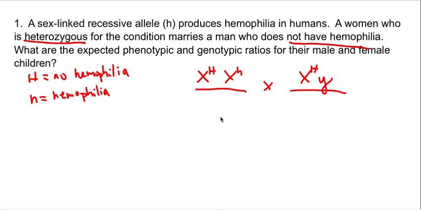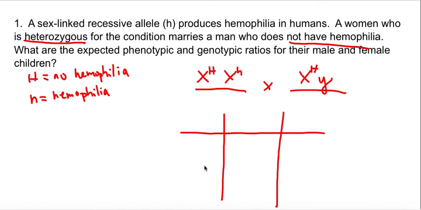And so when we go to make our Punnett square, like so, we'll put the female on top, and we'll put male on the left side.